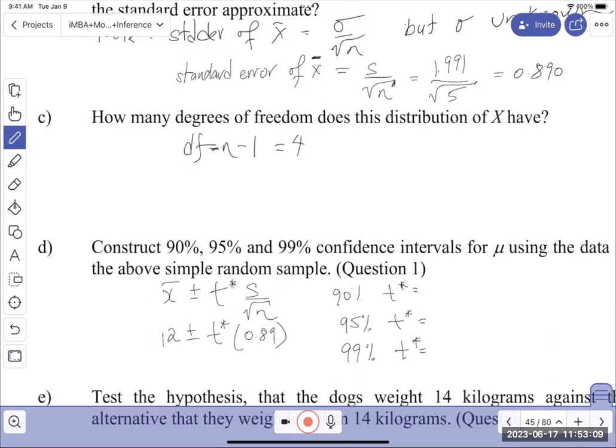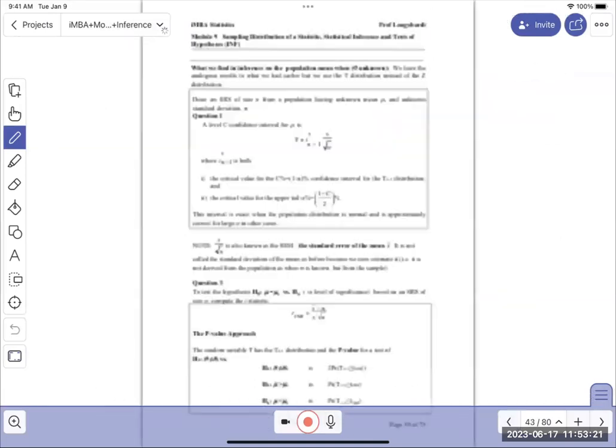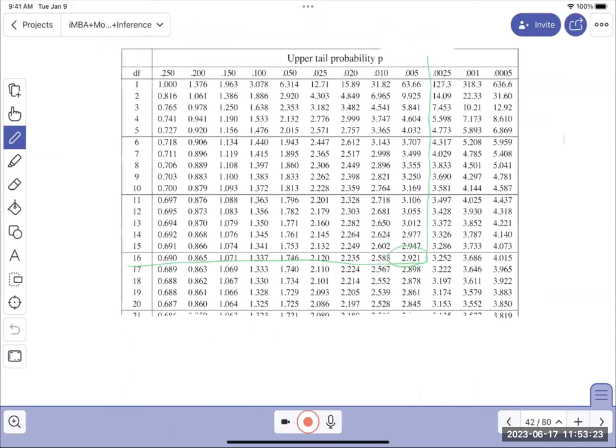So what we need are the degrees of freedom. So we look at the right critical values on the table, right? So we go to T4. Now notice the upper tail probabilities are here. The critical value measures are below.